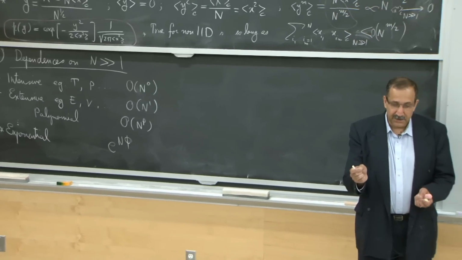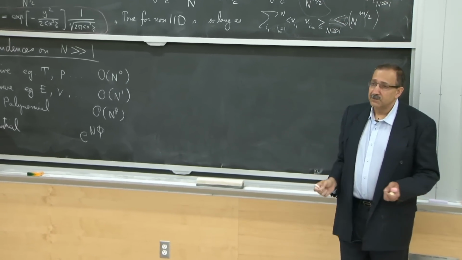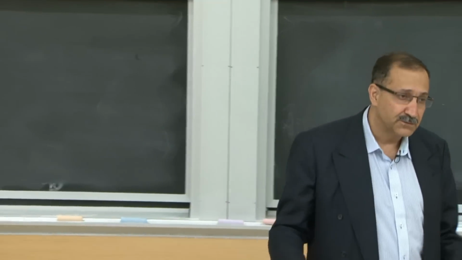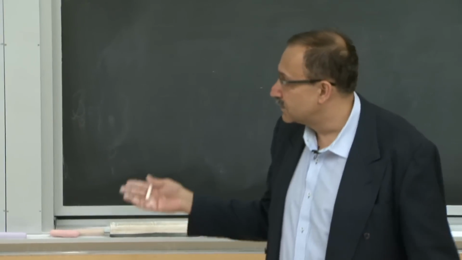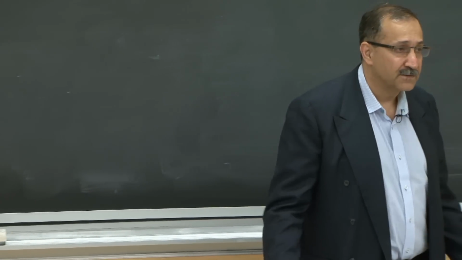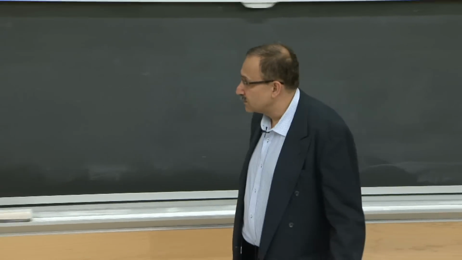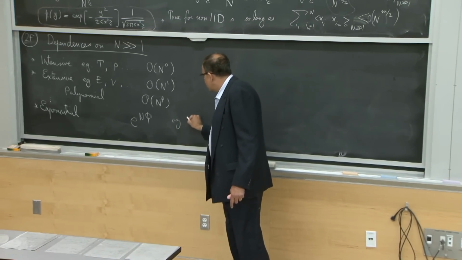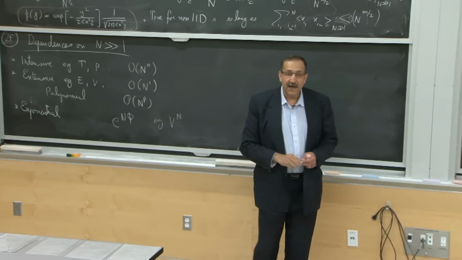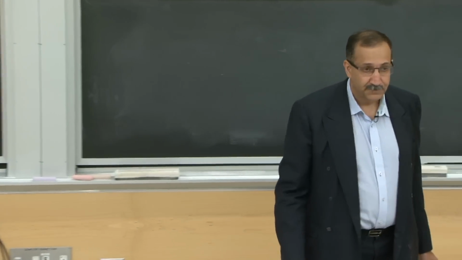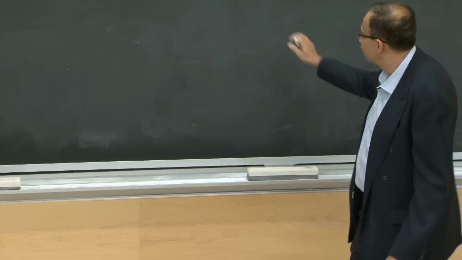A gas particle by itself can be in a volume V. Two of them jointly can occupy a volume V squared, three of them V cubed, etc. Eventually, you hit V to the n for n particles, so that's an exponential dependence. So this is V to the n that you would have for the joint volume of n particles.